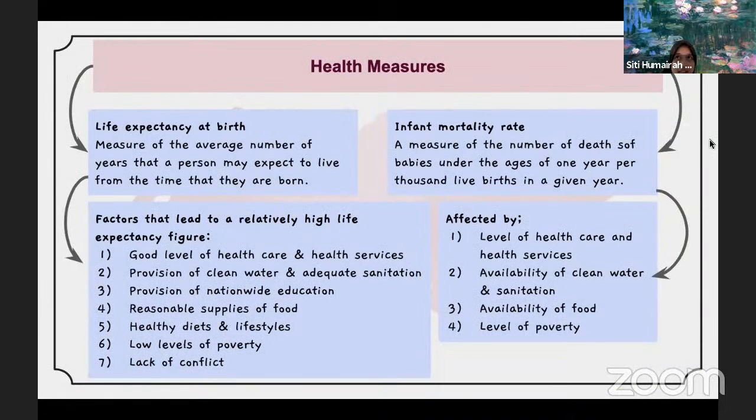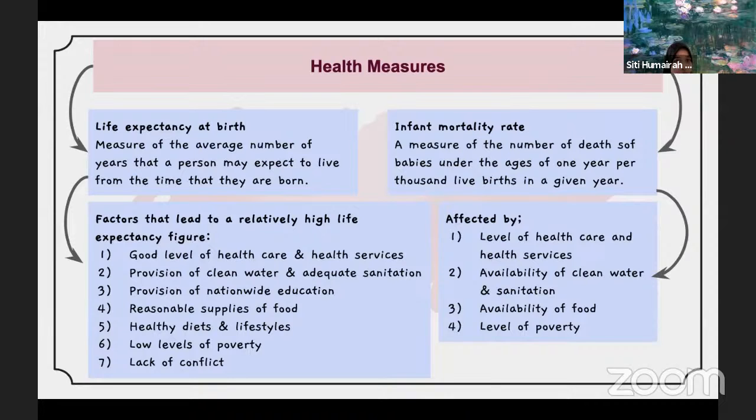The second single indicator is health measures. The first example is life expectancy at birth. Life expectancy at birth is the measure of the average number of years that a person may expect to live from the time they are born.